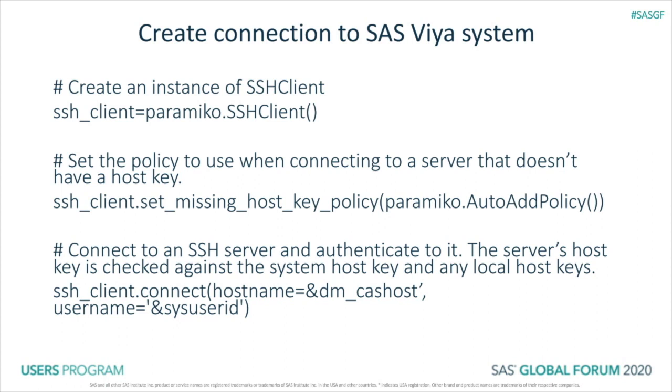transfer files. Paramiko requires that you validate your trust with the machine. This validation is handled by calling the set_missing_host_key_policy method on the SSH client and passing the policy you want to implement when accessing a new remote machine.